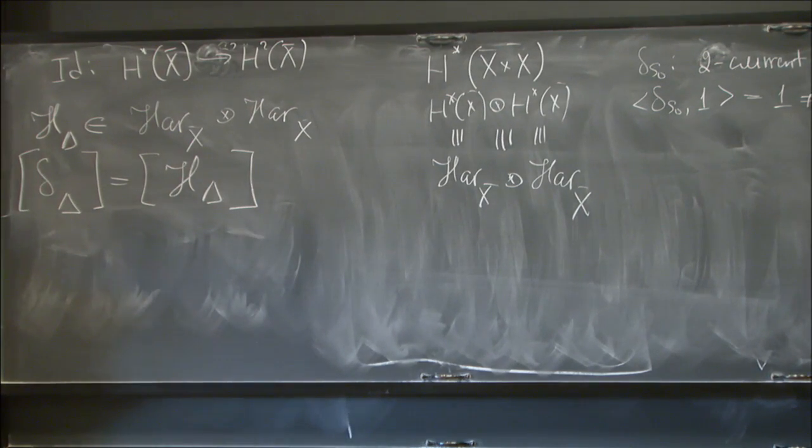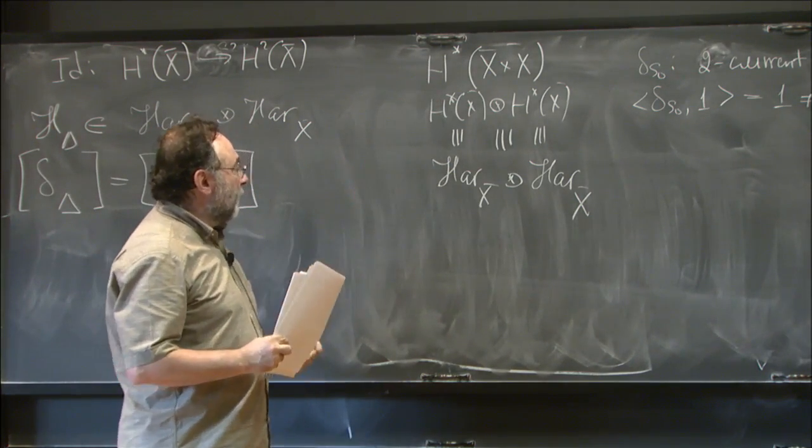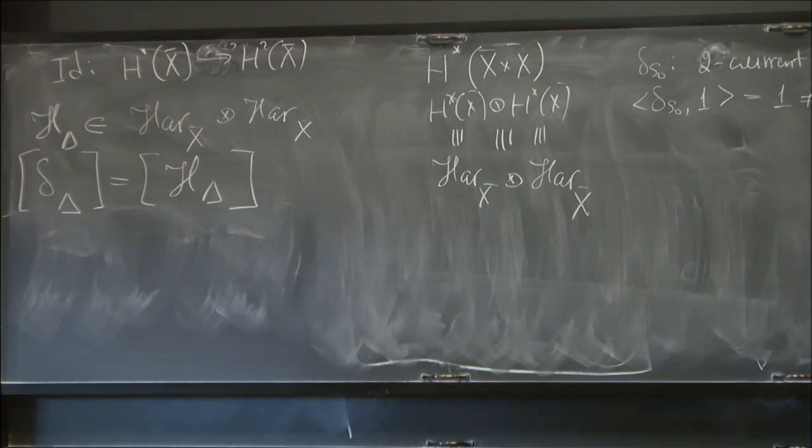Okay? So I can write down this identity class in 2 different ways. I can either write the delta function of the diagonal, which gives me this identity map, or I can write this as a harmonic form. Okay?